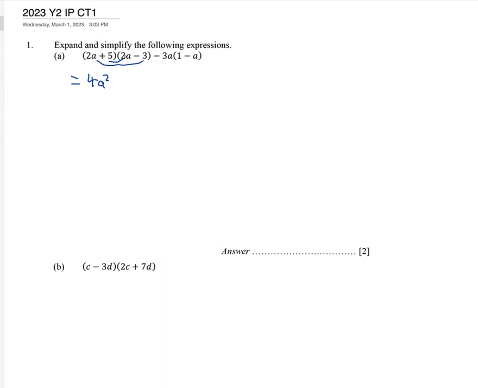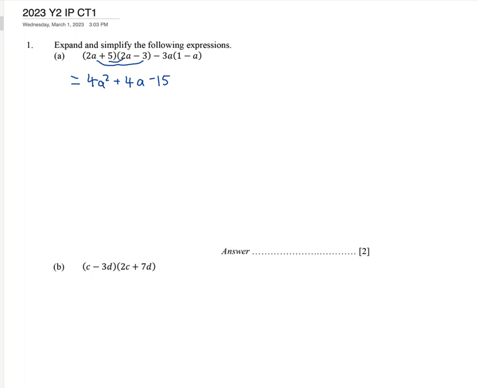The inner term gives us 10a and the outer term minus 6a. 10a minus 6a is plus 4a. And finally, the last term, plus 5 times minus 3 is minus 15.